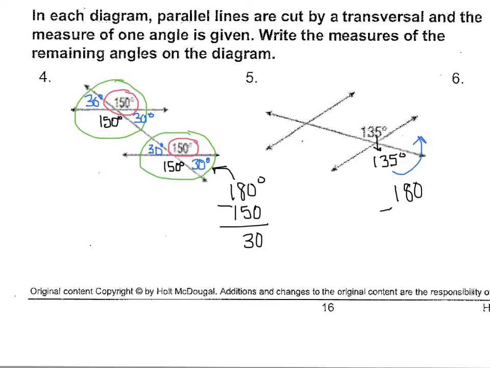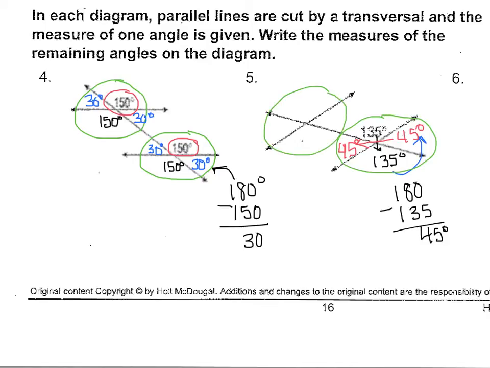I'm going to do 180 minus 135 to find out that my acute angle there, my adjacent angle, would be 45 degrees in measure. I'm going to use my vertical angle knowledge to fill out the other acute angle. So that acute angle is 45 degrees. Once I filled out those 4 combinations of angles, I'm going to put my little circle around them, and I'll do the same thing up here.